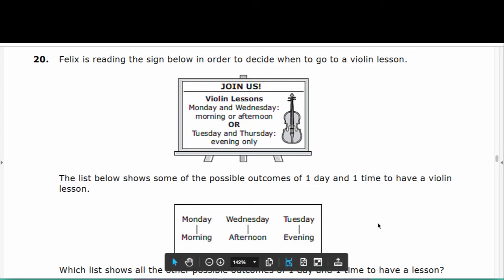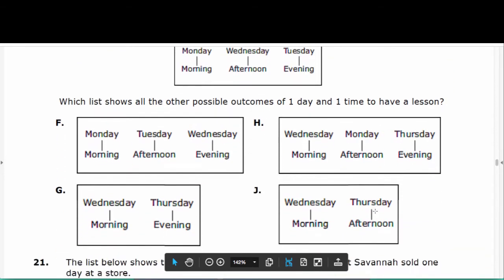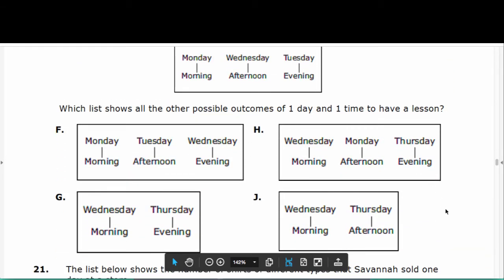If you would like this chart read to you, please raise your hand. Which list shows all the other possible outcomes of one day and one time to have a lesson? F, G, H, or J? If you need any of that read, please raise your hand.